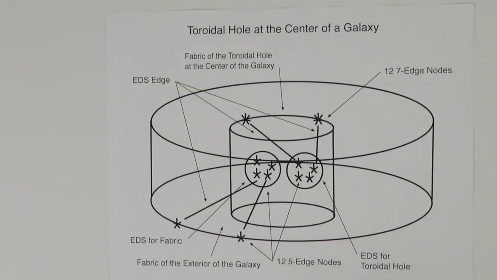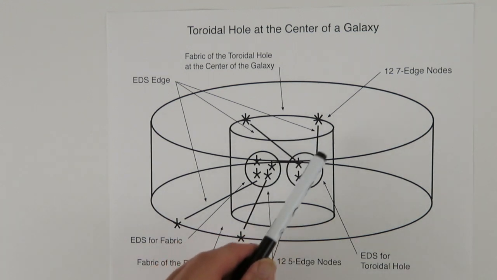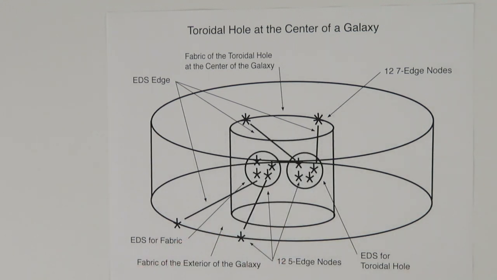Having built the EDS structure for a torus, we can now apply that concept to something larger, for example, a galaxy. So a galaxy is characterized in many cases by a toroidal hole at its center.